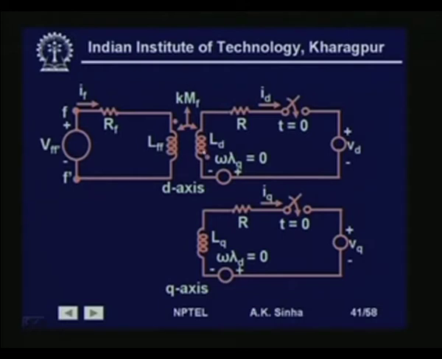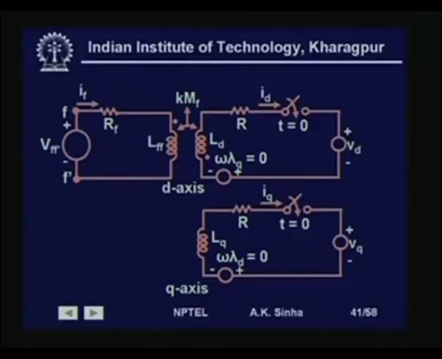Here we have KMF as the coupling factor, LD is the direct axis inductance, R is the resistance of the stator winding, and omega lambda q is the speed voltage generated because of the q axis flux, because the voltage is normally generated at 90 degrees to the flux. So, q axis flux generates the direct axis voltage.